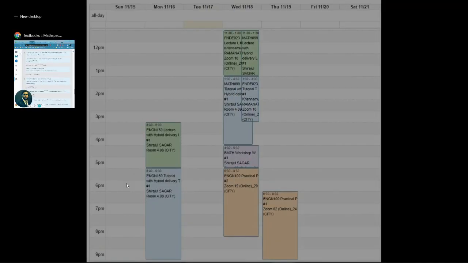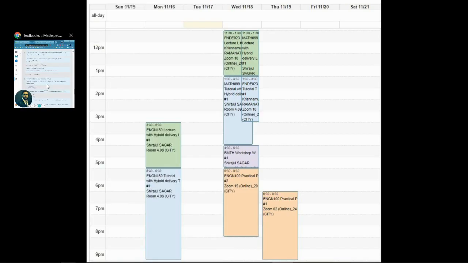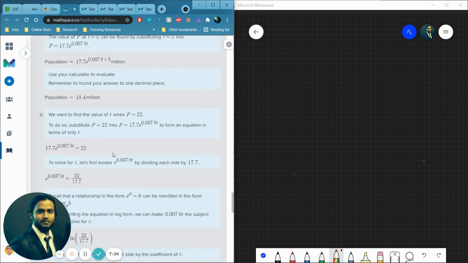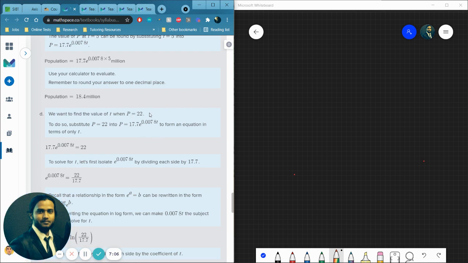Now this time we want to find out t, and we are given a certain population, in other words 22 million. So when do we get to have 22 million people?